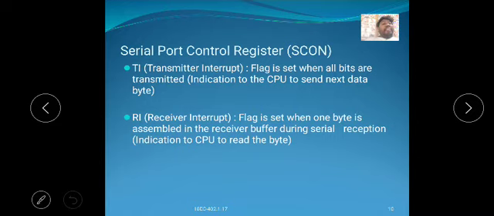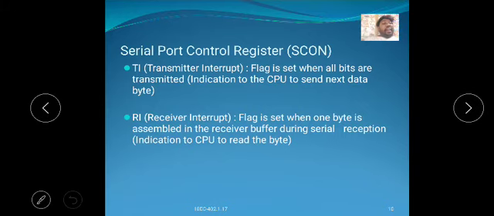That means once all the bits are transmitted, that is called the transmitter interrupt. The transmitter gives the interrupt to the CPU. When all the data bits are transmitted, the flag is set, and then the next data can be sent.